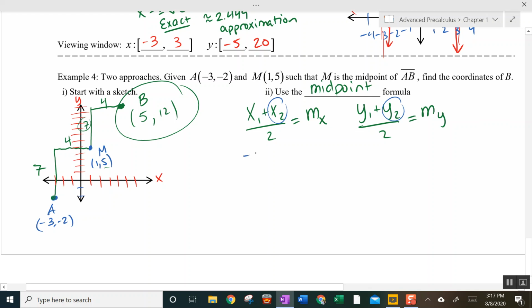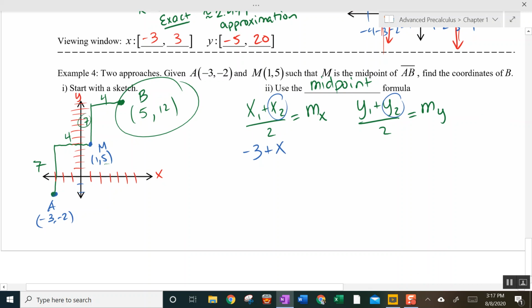We know the first x-coordinate is -3. And we'll leave this as just an x. And we know the x-coordinate of the midpoint was 1. And for the y-coordinates as well, we get -2 plus the y-coordinate of point B. And that should equal our y-coordinate of our midpoint, which is 5.